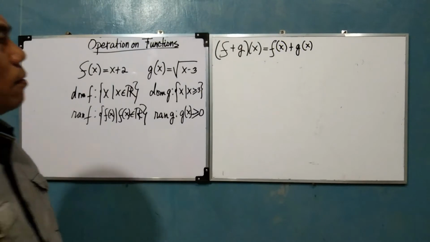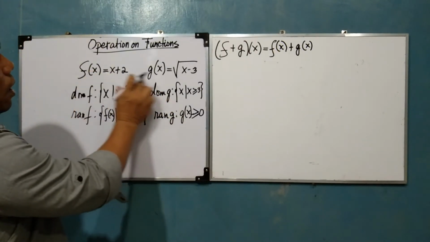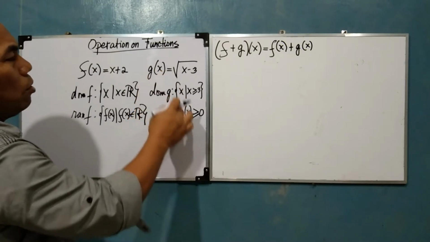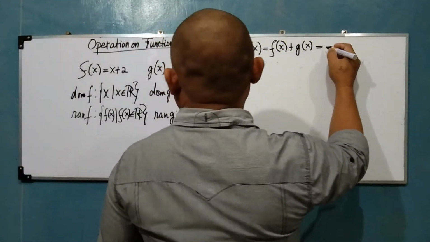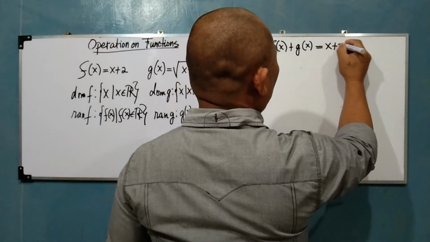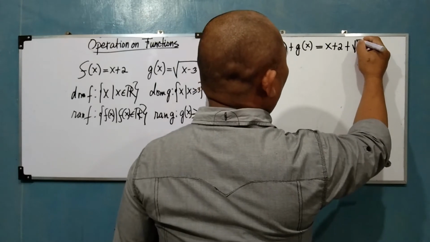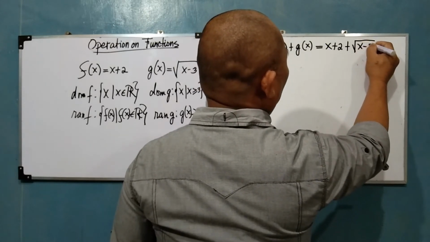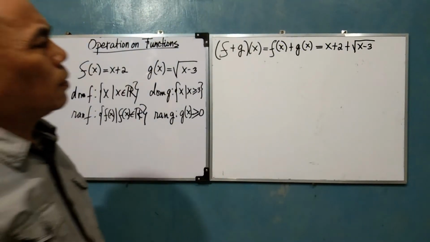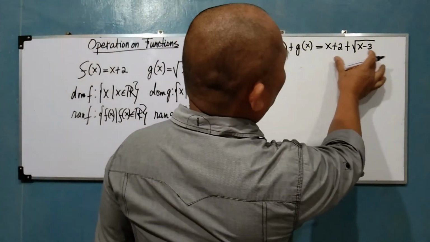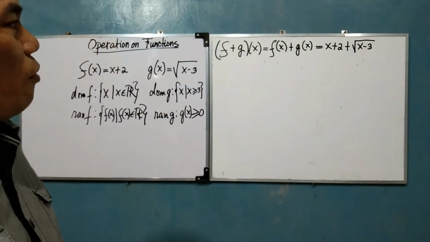And after that, look at the definition of function f and the definition of function g. So all you have to do is substitute. So you have x plus 2 plus the square root of x minus 3. Okay? So there's no term that can be combined in here for the sum of functions f and g.